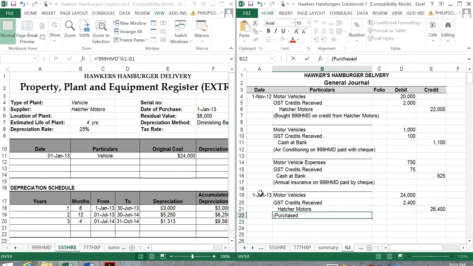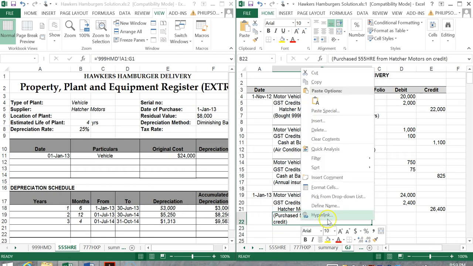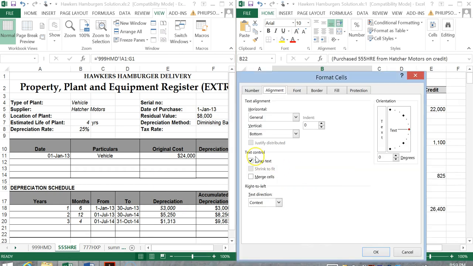So we purchased 555 HRE from Motors on credit. Get rid of the word wrapper here. You could leave it.